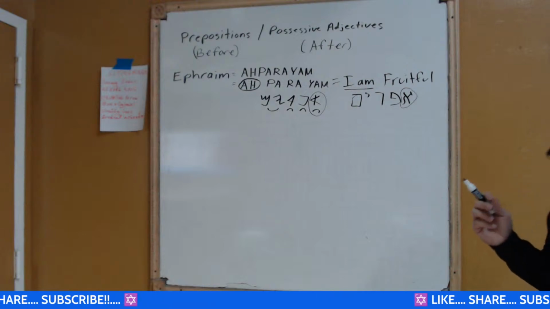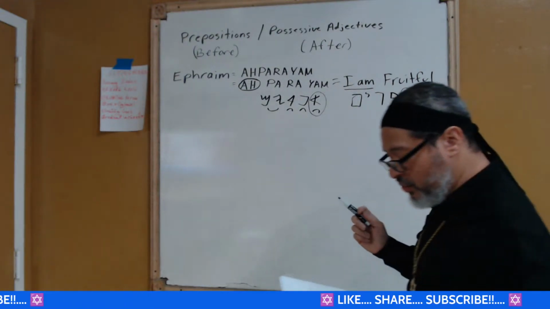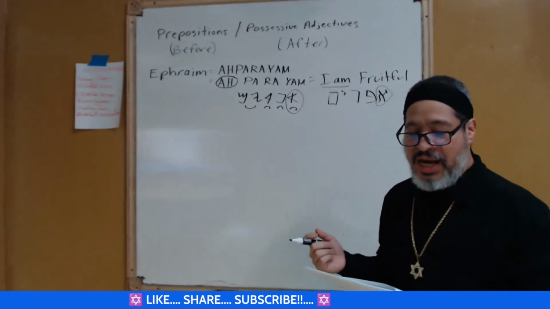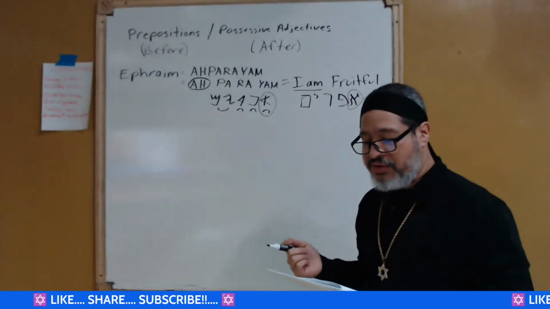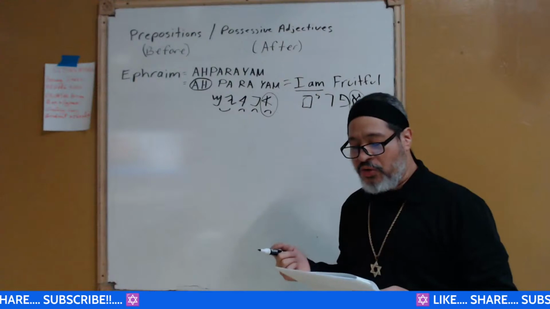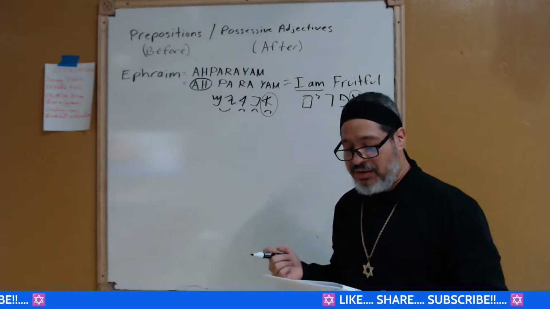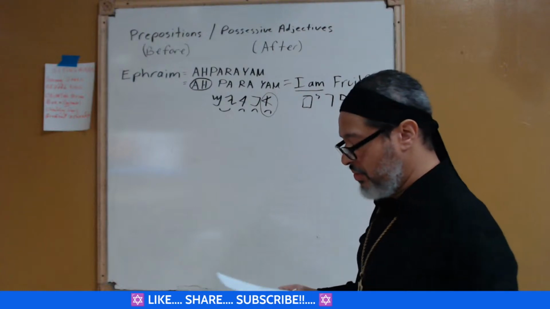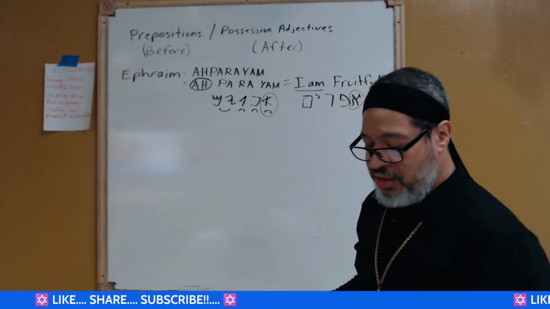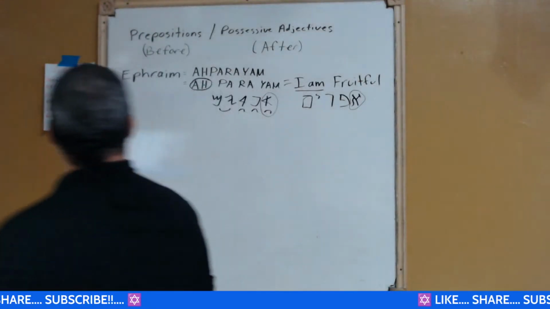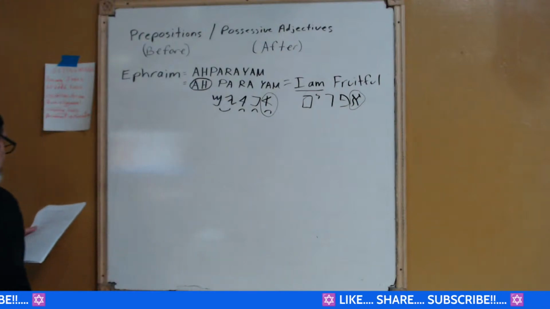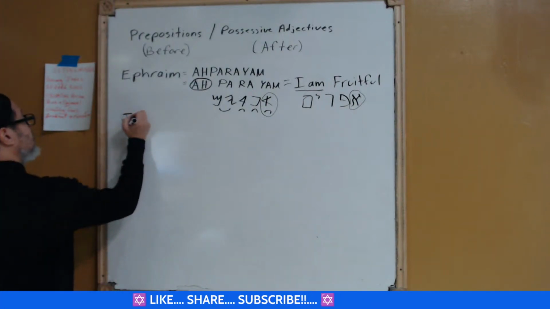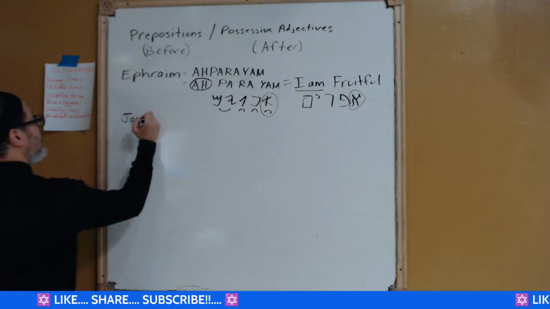Next, in Genesis 25, verse 26, the verse reads, and after that came his brother out, and his hand took hold on Esau's heel, and his name was called Jacob. So I'm going to show you now Jacob. Now in the English, it's Jacob.